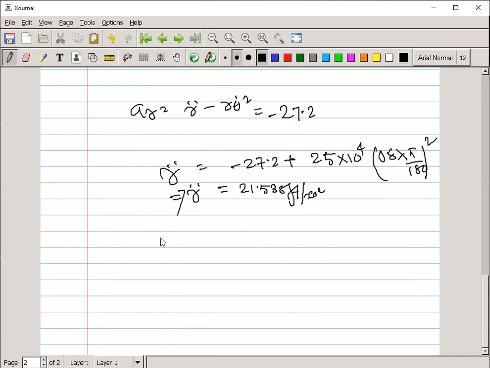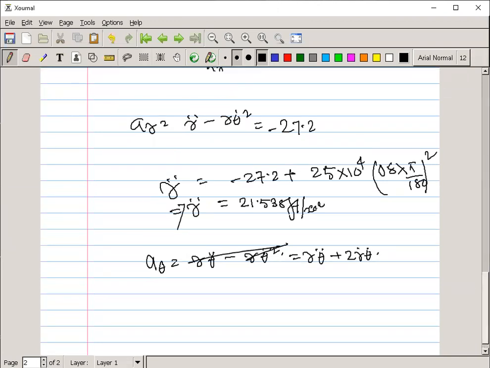Next one is the a theta component. a r is r double dot minus r theta dot square, and a theta is r theta double dot plus 2 r dot theta dot.